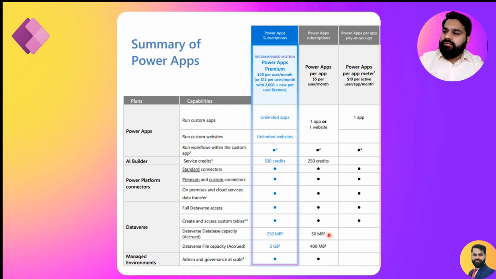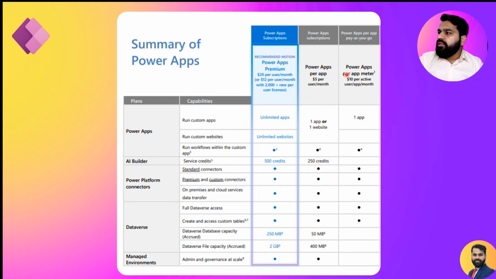Along with that, 50 MB of database capacity per license will be acquired to the tenant. In the case of Power Apps Premium, it was 250 MB. Along with that, file storage capacity of 400 MB will be acquired per user for the tenant. Similarly, for managed environment, they will have access to admin and governance at scale.